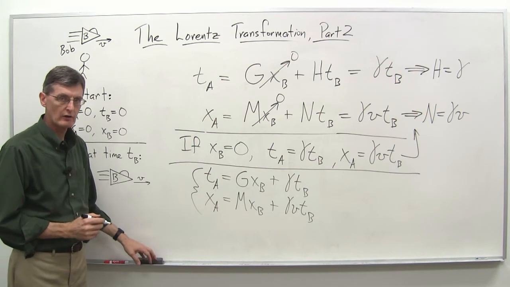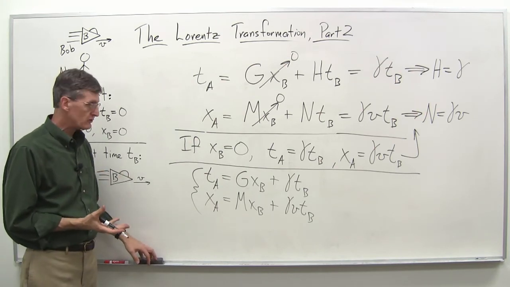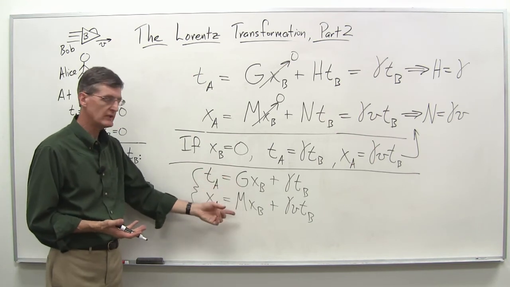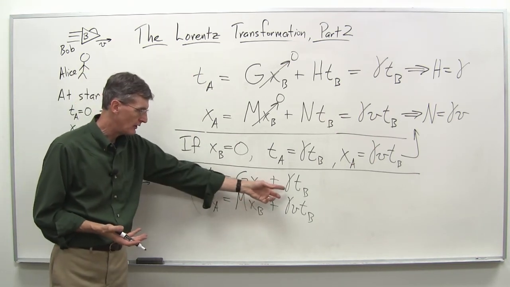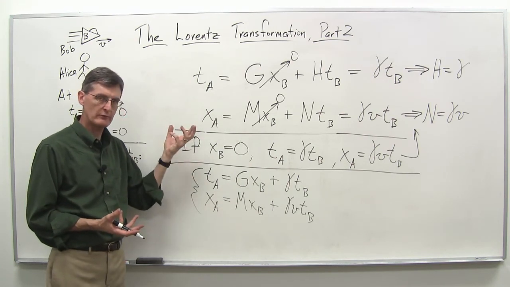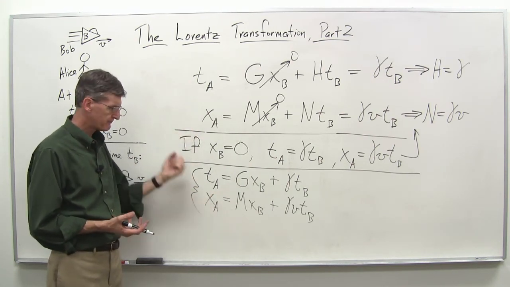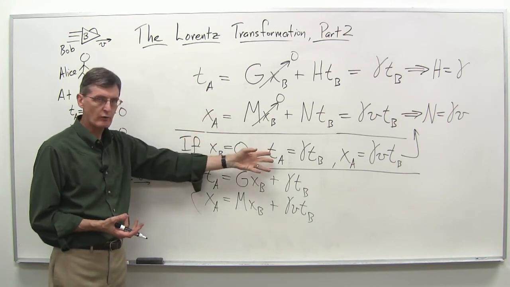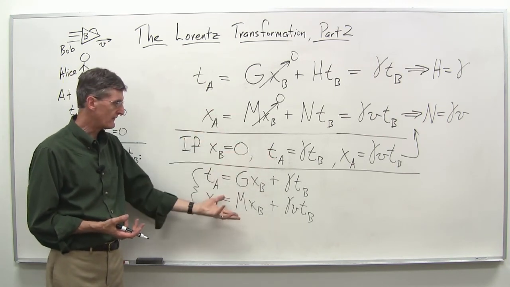So those are our two Lorentz transformation equations. As I said, we're halfway there now. We still need to find out what G and M are. But we found sort of half the form of the equations. We had the argument that they need to be linear like this. They need to, in the case of XB equals 0, reproduce our part 1 equations. And so we've got that in there.